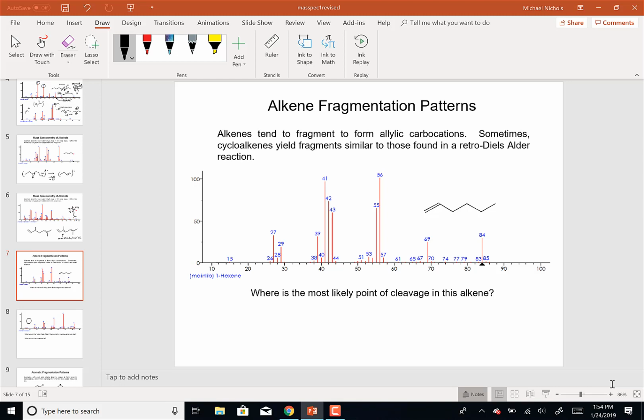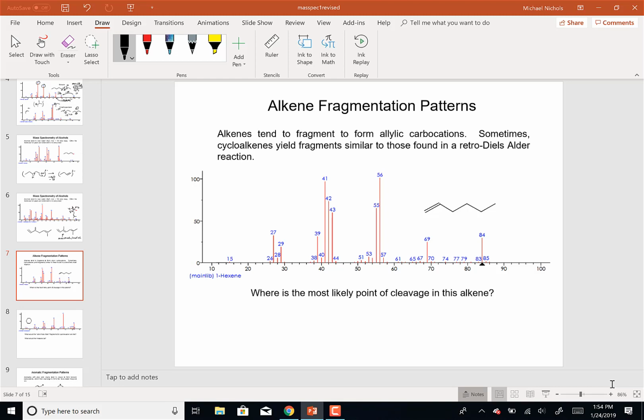Alkene fragmentation patterns. In order to do alkene fragmentation patterns, we have to know what their preferential point of cleavage is. And they like to form allylic carbocations.